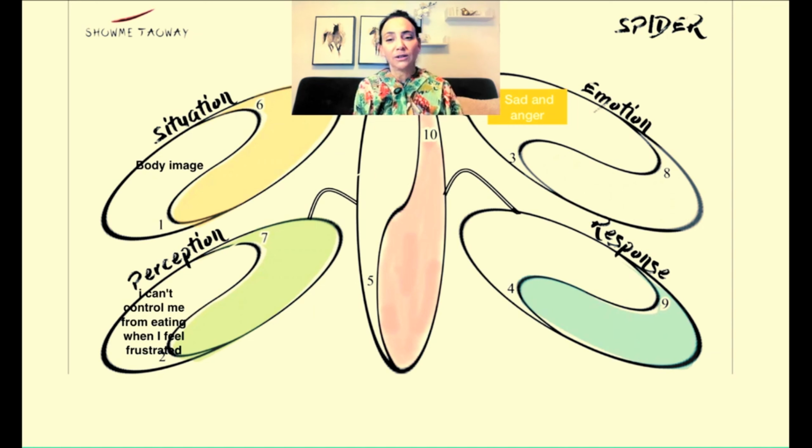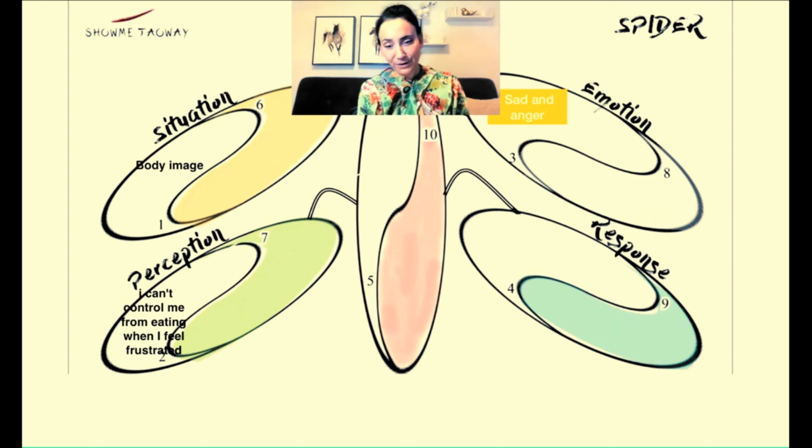What is the emotion that comes up when I think that I can't control my body and I can't control my eating disorder? I would probably feel sad and a lot of frustration and anger. And that's the reason I wrote it here. Again, feel free to write down what is coming up for you from what you wrote in number 2 and number 1.